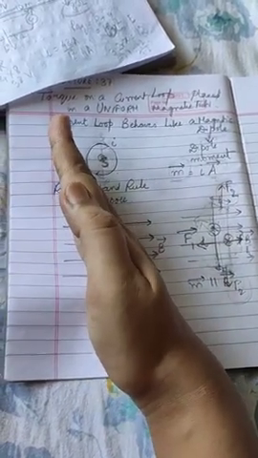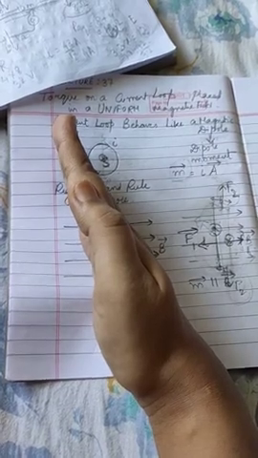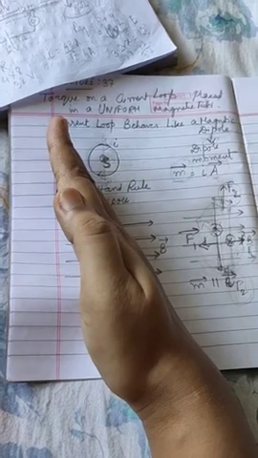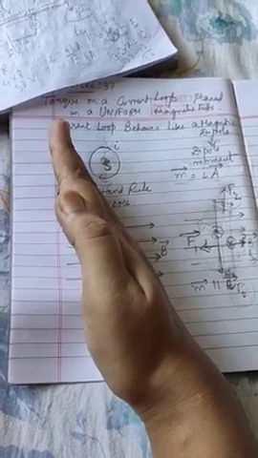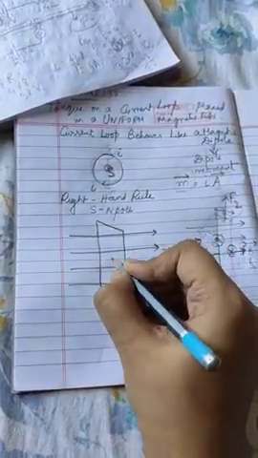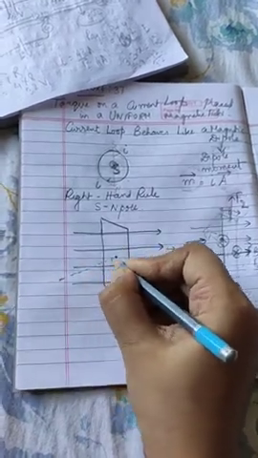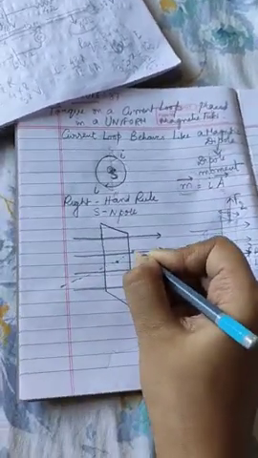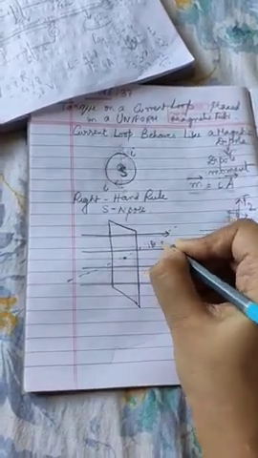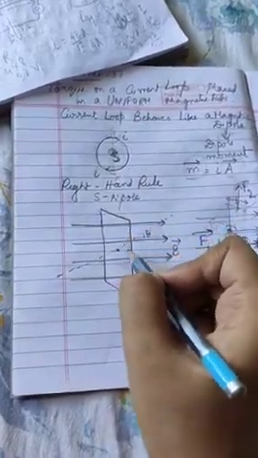So the axis of the loop, which is the perpendicular passing through the palm, is making an angle theta with the magnetic field. This is the axis, and it is making an angle theta with the magnetic field.